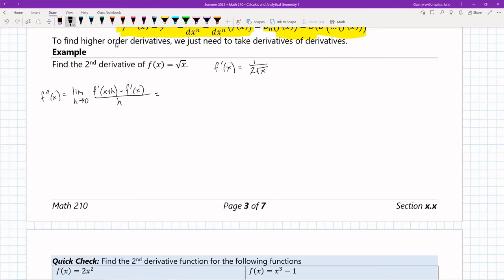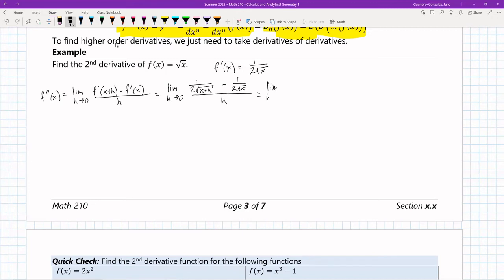If we do that, that's going to be the limit as h approaches 0 of 1 over 2 times the square root of x plus h minus 1 over 2 times the square root of x, all over h. Notice we're going to need to do common denominators here, and we're just going to do it on the top. So I'm going to go ahead and do that.